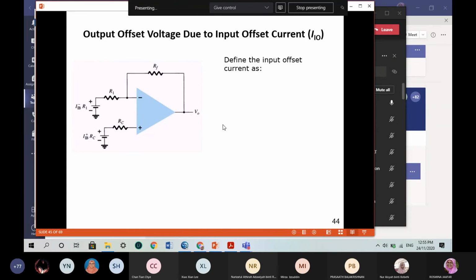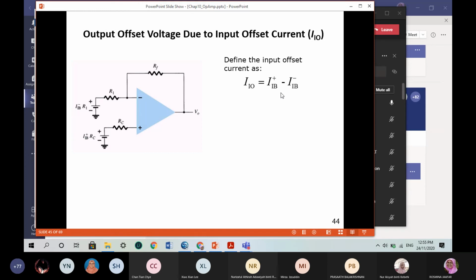So the output offset voltage due to the input offset current can be defined as the difference between the IB present at the input terminals of the op-amp.